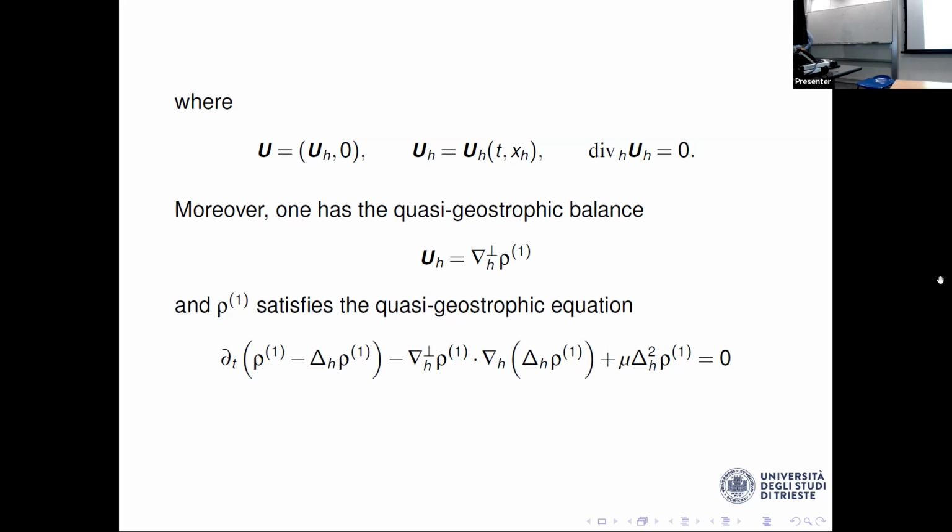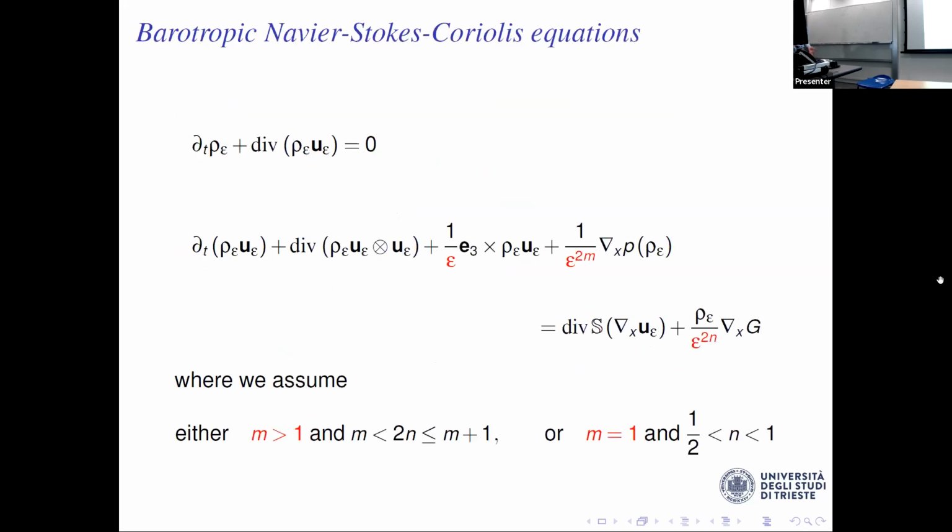But to pass to the limit, you need more regularity on the initial data, or better, you have to require more regularity than you expect for your data. This is because you have some nonlinearities, and if you would like to propagate some regularity, you are not able to do this because you have, for example, the Coriolis force that is a singular term.